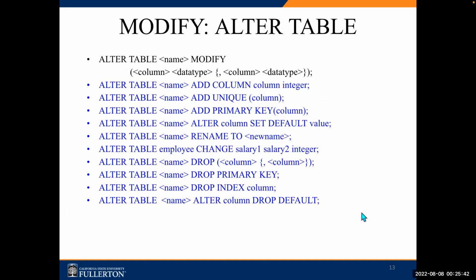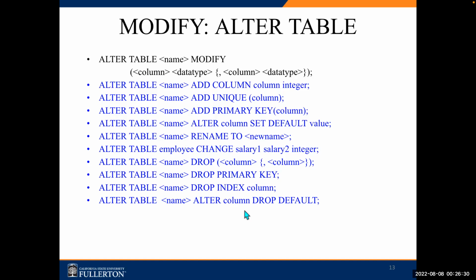Here are some more options that you can try with an alter table command. It includes adding a column, adding a unique constraint to a column, making a column a primary key, setting a default value for a particular column, or renaming a table to have a new name. And you could also change the name within a table.